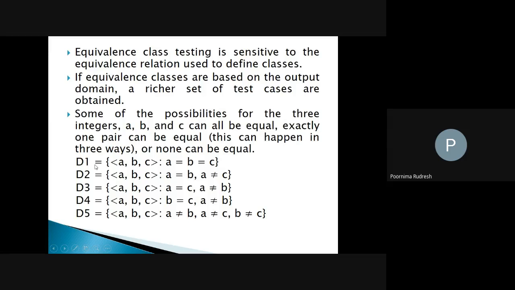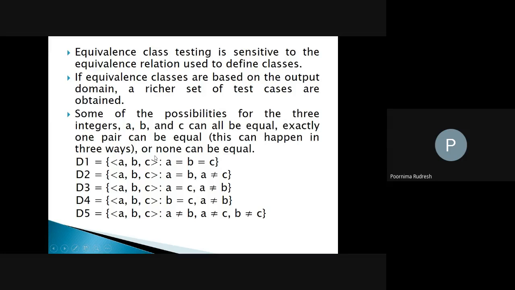The first case, D1, is where A is equal to B is equal to C. For the second case, A is equal to B, but A is not equal to C. This indicates that only A and B are equal and C is not equal to A and B. The third one is where A is equal to C and A is not equal to B. The fourth case is B is equal to C, but A is not equal to B. And the last one is none of the sides are equal, right? A has a different value, B has a different value, and similarly C has a different value.